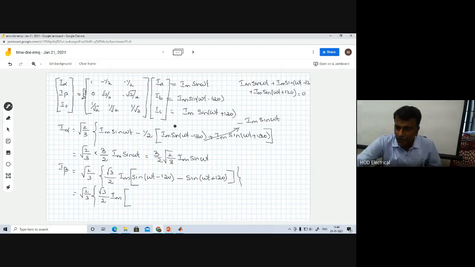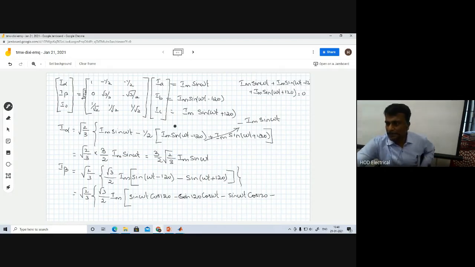I can expand now: sine omega t into cos 120 degrees minus cos omega t into sine 120, minus sine omega t cos 120 minus cos 120 cos omega t sine 120. So sine omega t cos 120 minus sine omega t cos 120 will be cancelled.